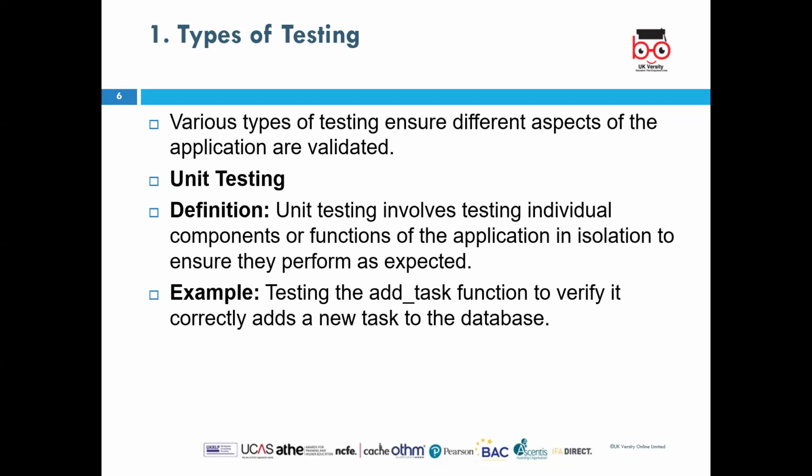One of them is unit testing. This involves testing individual components or functions of the application in isolation to ensure that they perform as expected. So unit testing very much looks into isolating and testing functions separately.